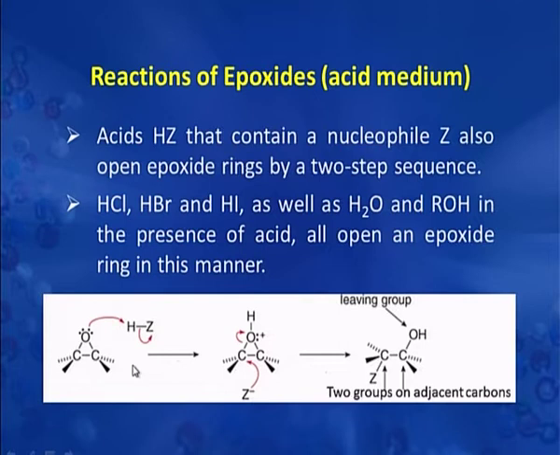The difference, if you compare with the earlier slides, is that the first step in acid catalyzed ring opening of epoxides is the attack of a lone pair of electrons on oxygen on the hydrogen, and there is formation of a protonated epoxide. This protonated epoxide is then attacked by the nucleophile on either of the two carbons.